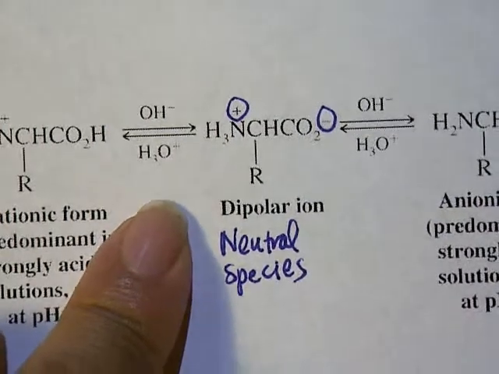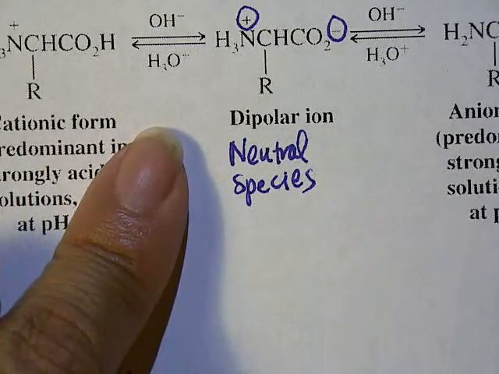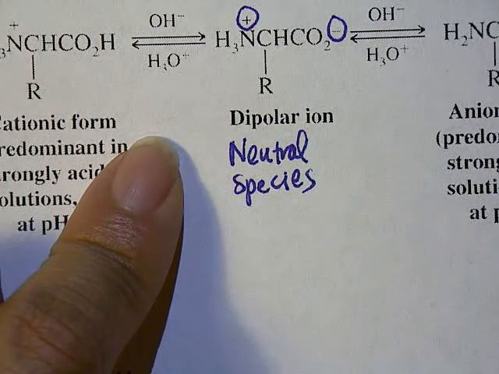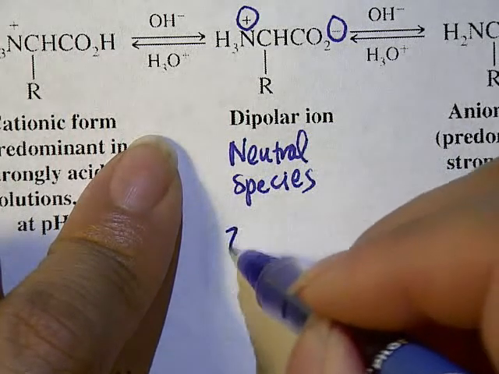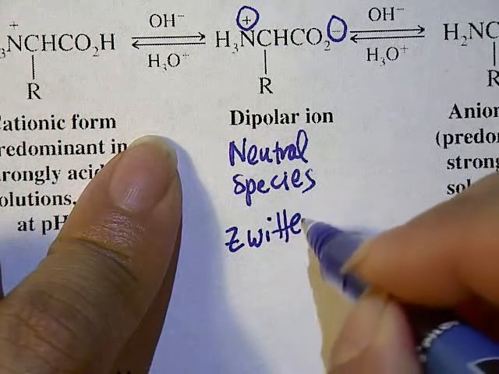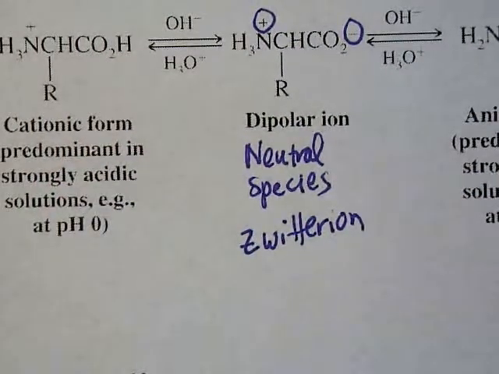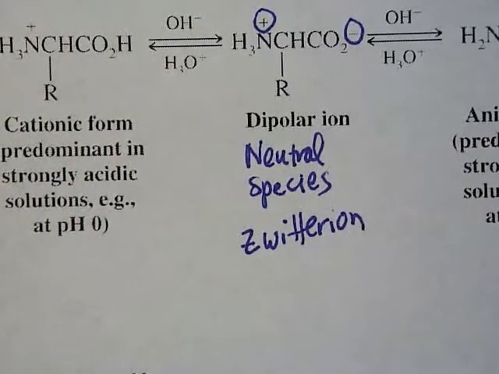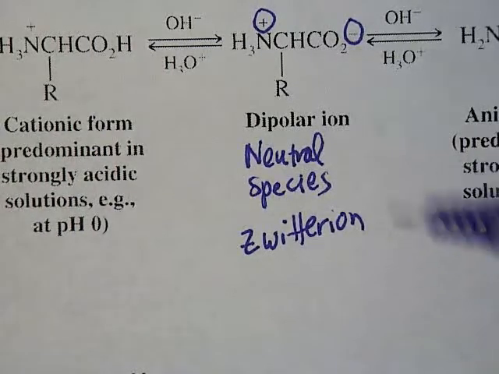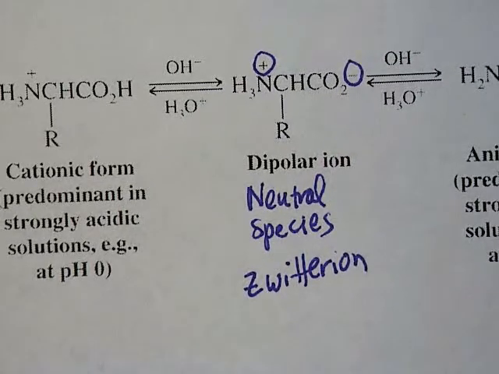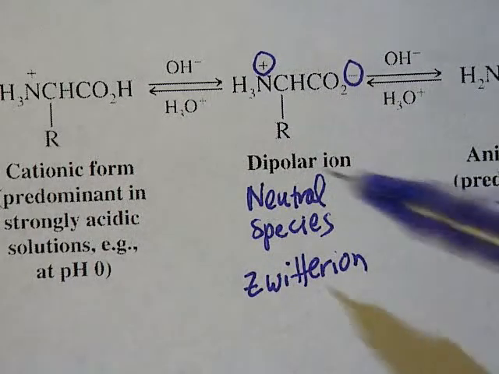Species that have both a plus and a negative charge in one molecule, and are neutral overall, are called zwitterions. You've seen other ions like this before. At physiological pH, which is 7.3, a lot of the amino acids exist in this form, as an overall neutral species.